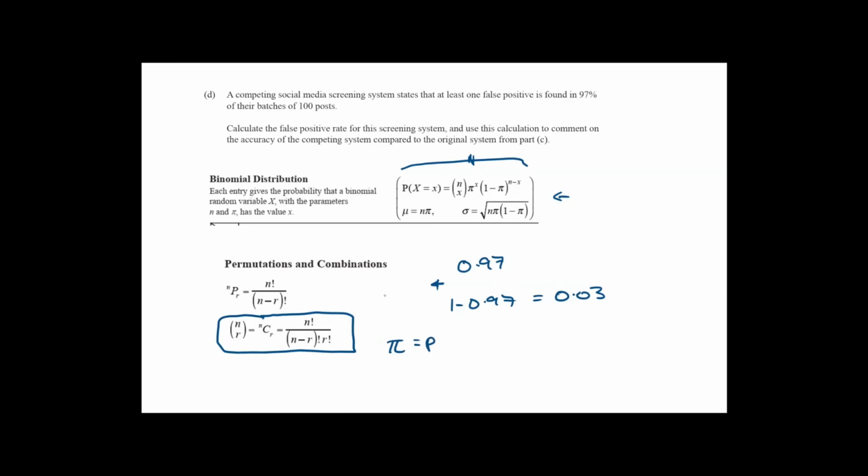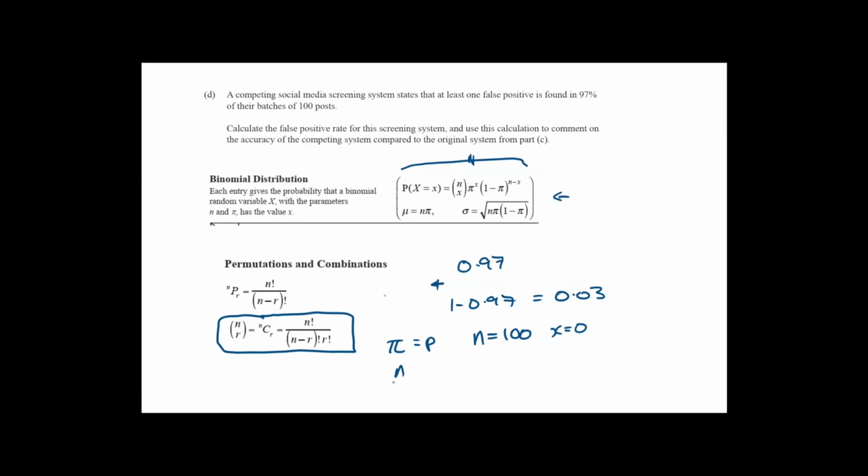Think of this as the probability really that we're trying to find. And now, if you want to use your calculators to do that, N is going to be 100. X is going to be 0 because that's all we're trying to find. How many times it gets it right? Or how many times it gets it wrong, sorry.